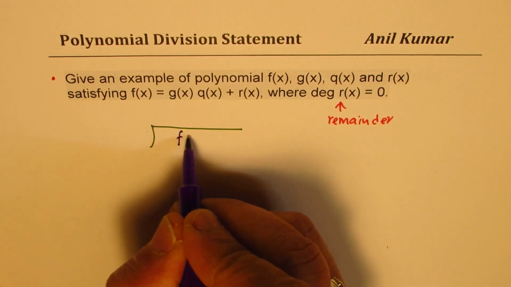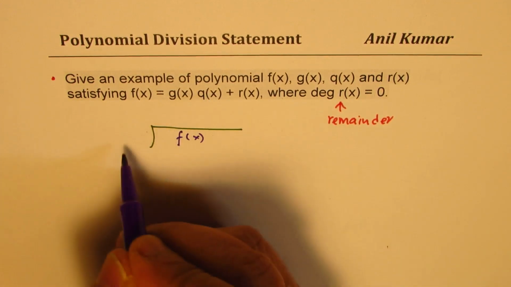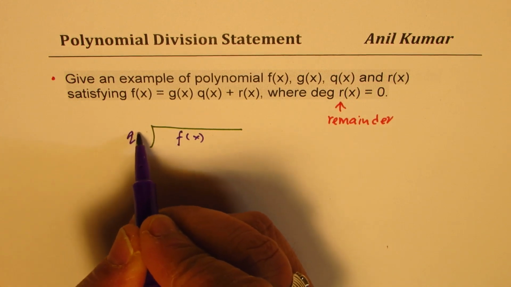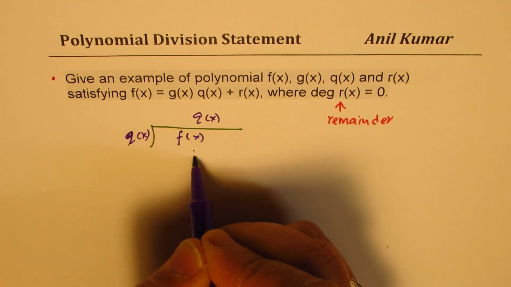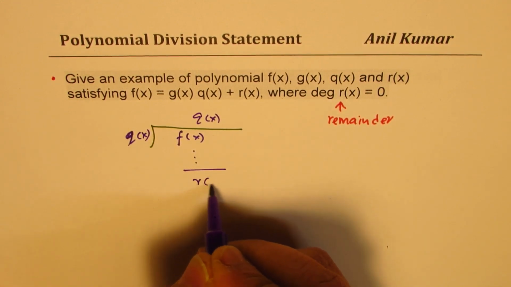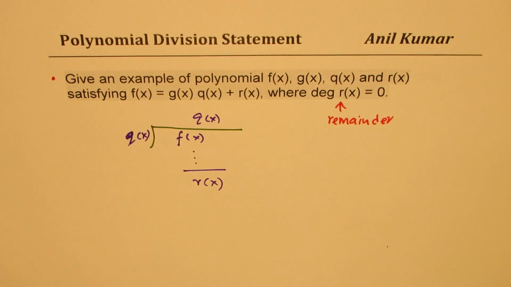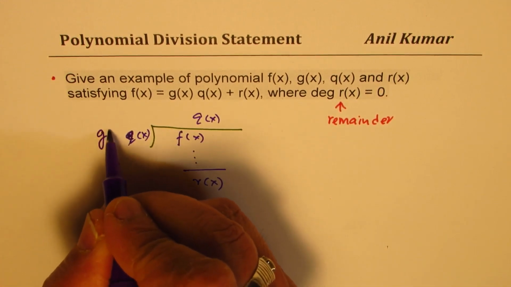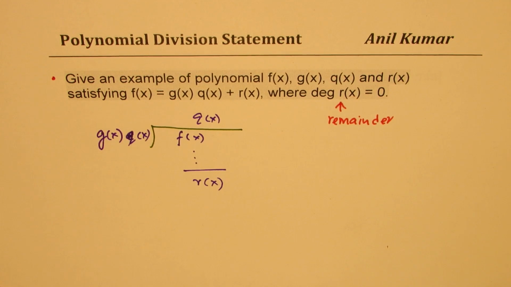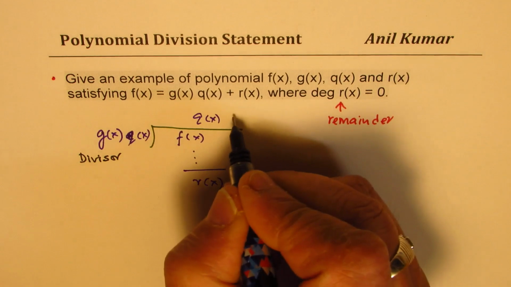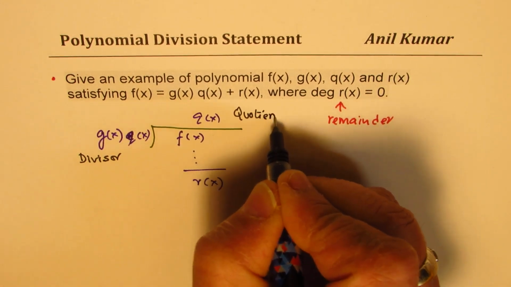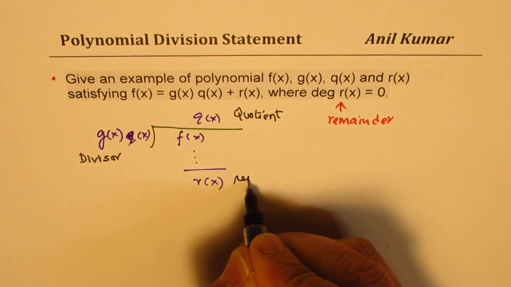So basically we have a function here which you are dividing by g of x, the divisor, and here you get the quotient, and whatever you get here is the remainder. Perfect. Then you could write that this function is equal to the product of these two plus the remainder. Let's be very clear about it. So that is your divisor, this is your quotient, and this is your remainder.